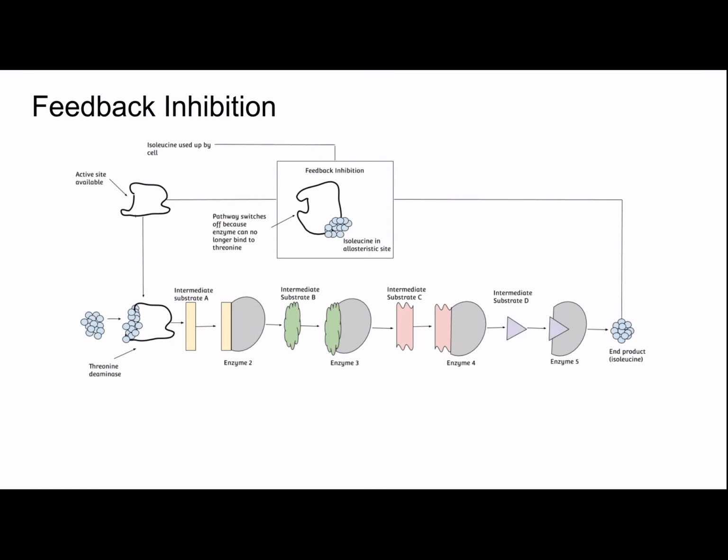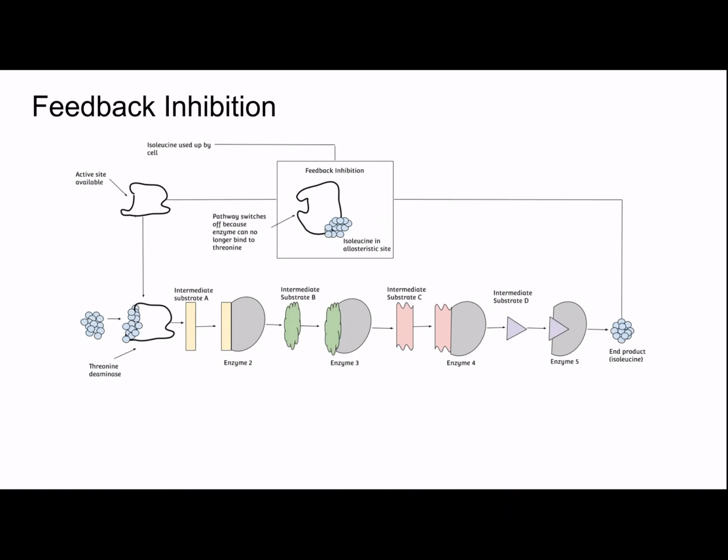So here's a picture that basically summarizes all of that. Again, you can see threonine, a series of intermediate substrates and enzymes, and then we have isoleucine. So large concentrations of substrate will mean that it'll have a higher chance of coming in contact with the enzyme.